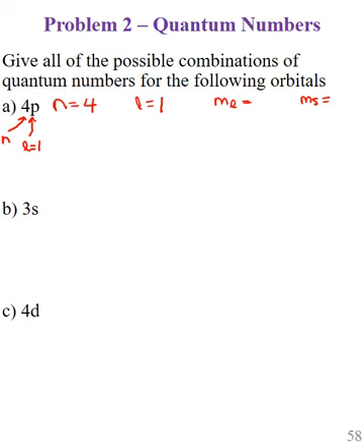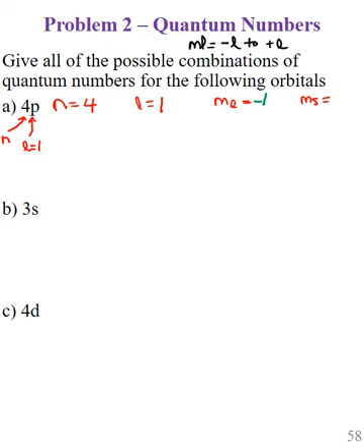Now, if we remember, M sub L can have any values, what values? Anything between negative L to positive L. All right, so if L equals 1, M sub L, what value could it have? Well, it could have multiple values, but in this case, let's say it's negative 1.